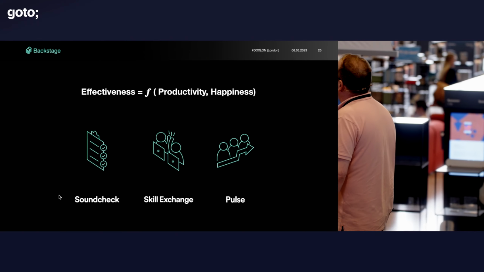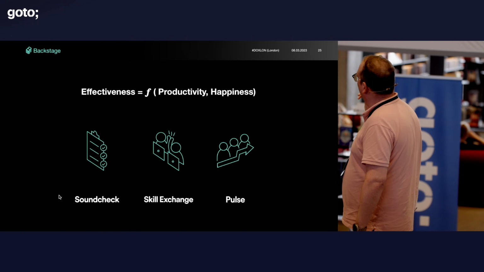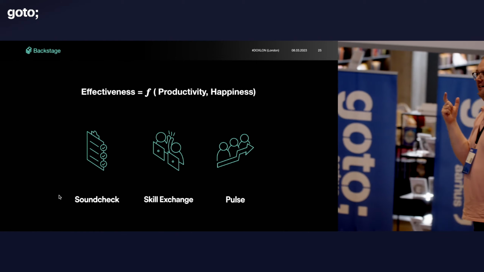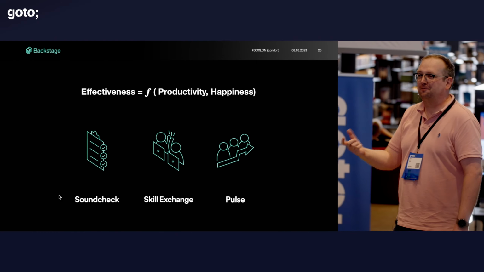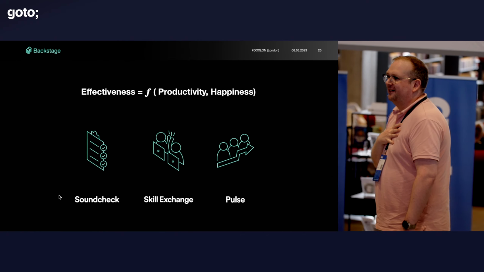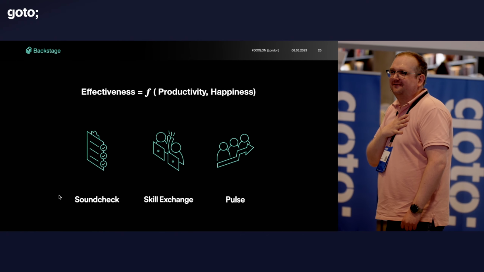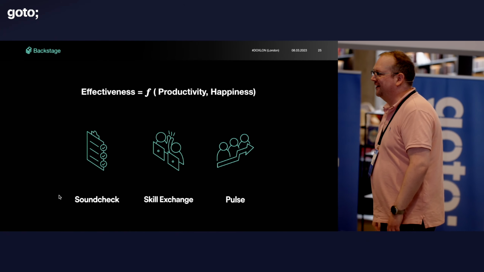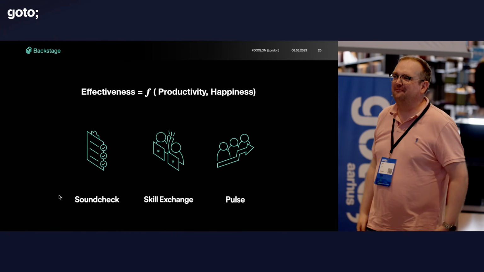For us, effectiveness is a function of productivity and happiness. Sounds silly, but a lot of tools, back when I was doing engineering day to day, you get a command line interface and that's it. Like, run that, you'll be fine. And then it does some things and splurts out a bunch of different text and then you're like, I guess it worked.